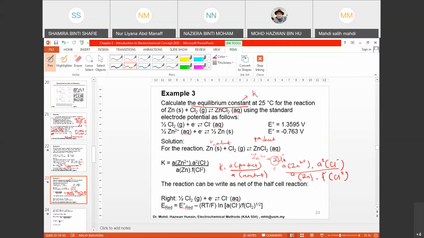So does anyone know what F means? Initially, we know that A is equal to activity. What is F?